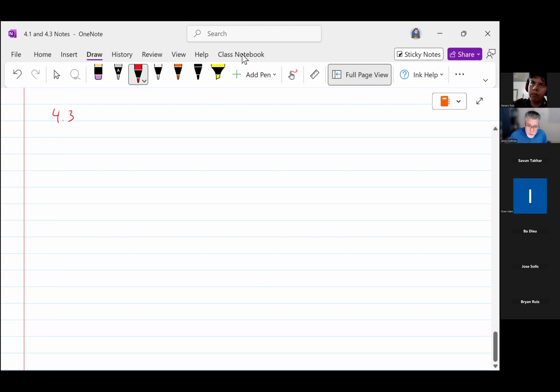Okay, section 4.3 is on separable equations.